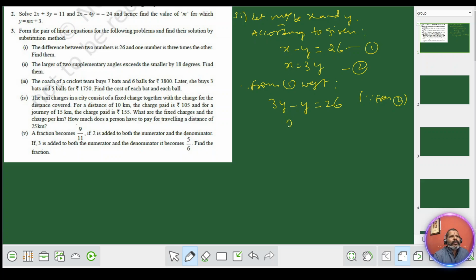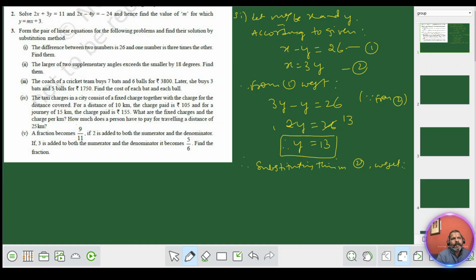So 2y equal to 26, 2 13s are 26. Therefore, y equal to 13. Then you put that in, substituting this, we get x equal to 3y, right? 3 into 13, 13 3s are 39. X equal to 39.